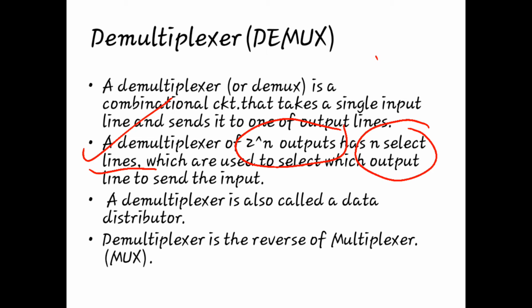That's why the demultiplexer is also known as a data distributor. Depending upon the status of select lines, it is going to send the given single input to the respective output line.